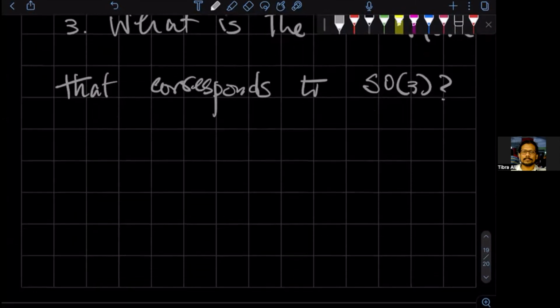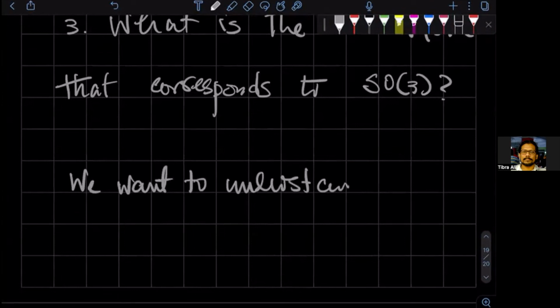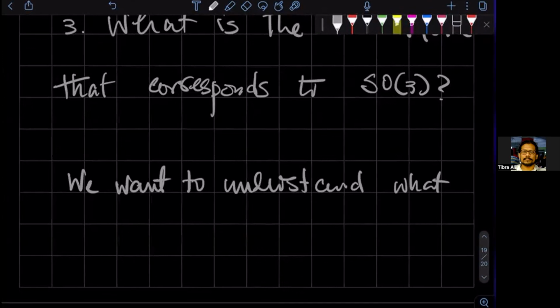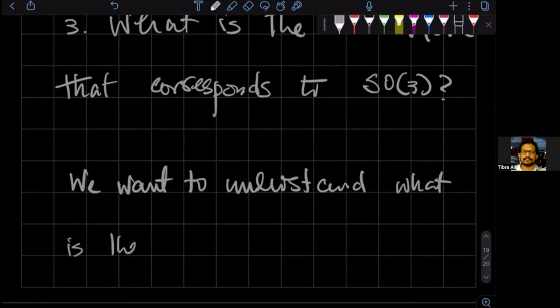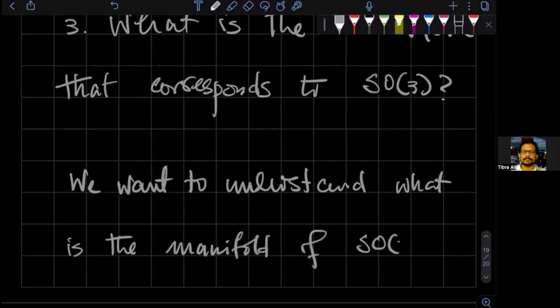So we want to understand what the manifold of SO3 is.